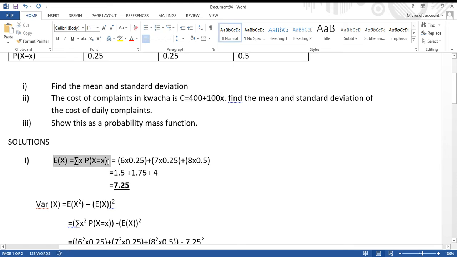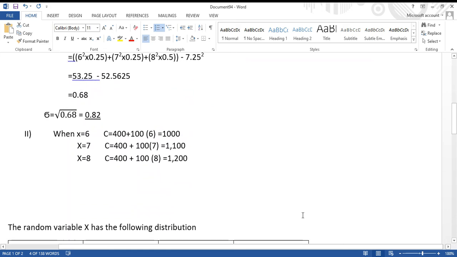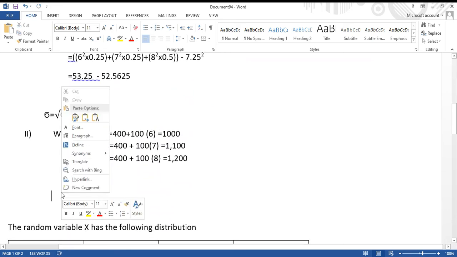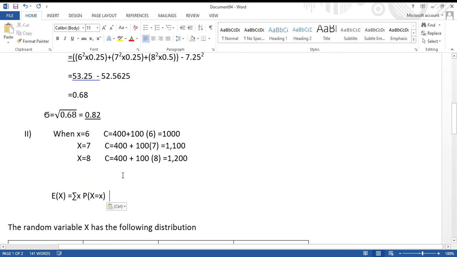So this is what we're going to do. This 1000 is multiplied by the probability attached to our random variable for 6, so it's 1000 times 0.25, plus 1100.